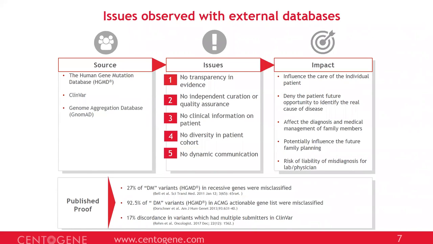Concerning the external sources we use during variant classification, as I mentioned, we use different external databases. I have depicted here the 3 most used external databases: HGMD, the Human Gene Mutation Database, ClinVar, and gnomAD.